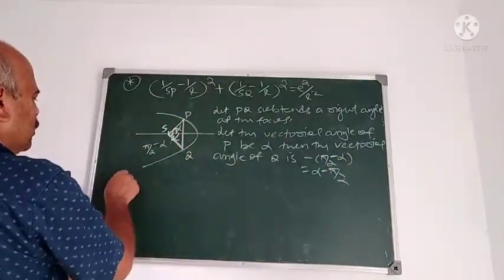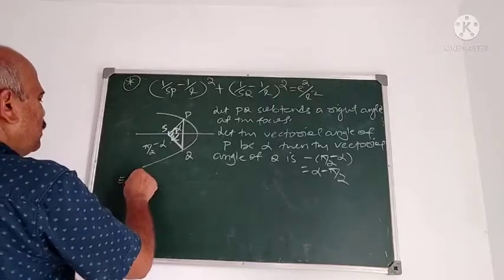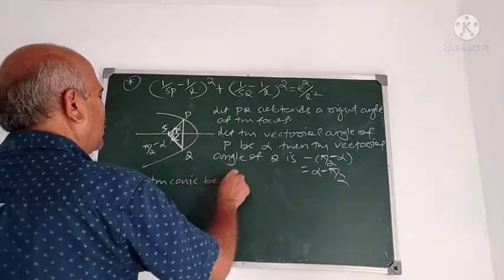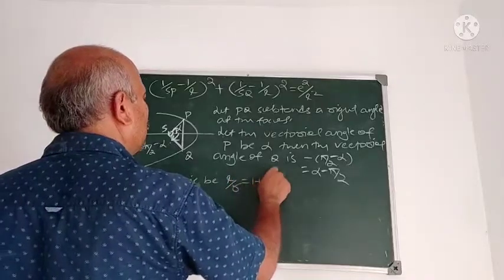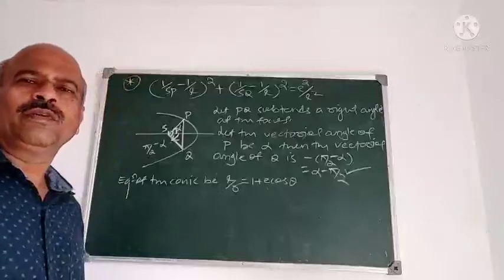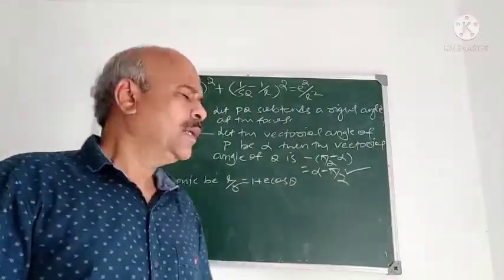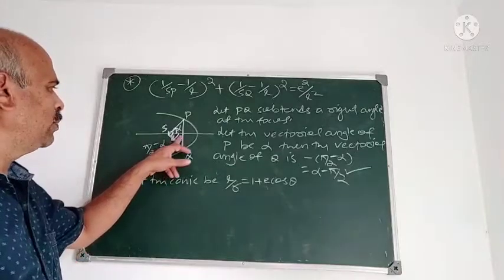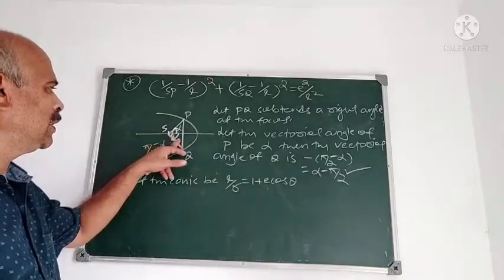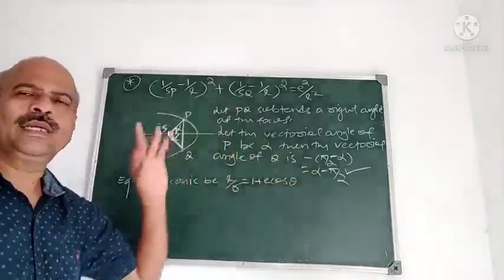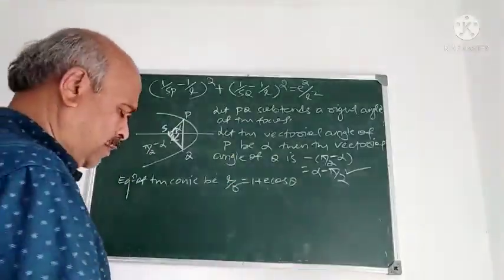This is important here, because it is measured in the opposite direction. It is negative and the quantity is pi by 2 minus alpha. So we get alpha minus pi by 2.